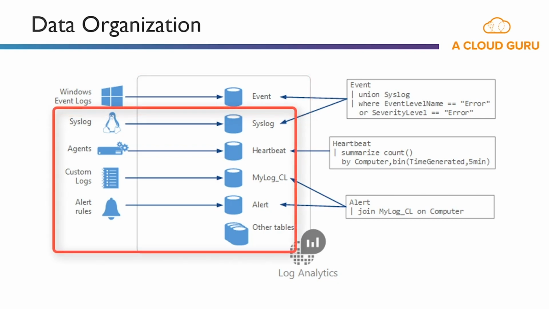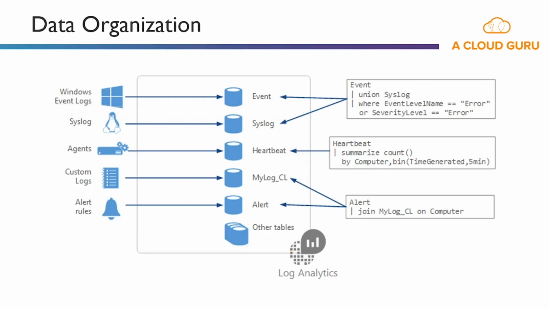Agents might go into heartbeat if it's something where we're just checking if something's online or not, like up-down type alerting. Custom logs, alert rules. You can see they've got all these tables there. And what you will notice, and this will be expanded upon when you go through the demonstration, is this concept in the query. You see where it says event and then union syslog. So you can query across multiple tables. And again, that'll become more important a little bit later on, but worth noting for right now.